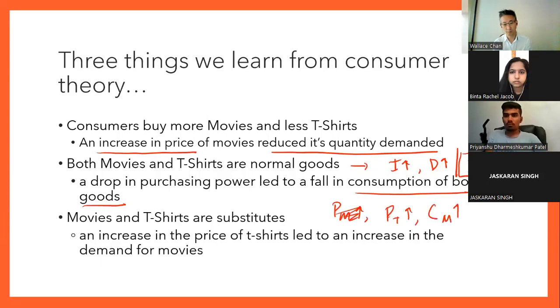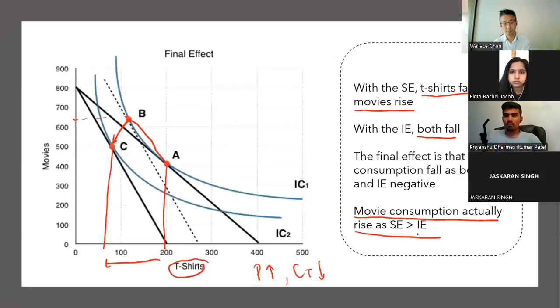That would mean the goods are substitutes. Like the more common example of tea and coffee: if the price of tea goes up, the consumption of coffee goes up. Notice that is also something we can determine from here. When we did the final change from A to C, what happened? You can see that in the final analysis, people are actually consuming more movies.